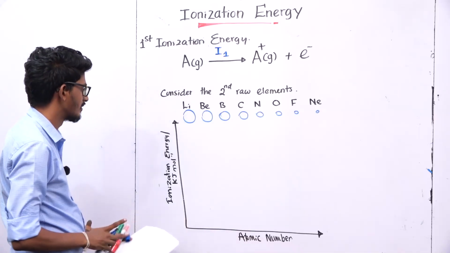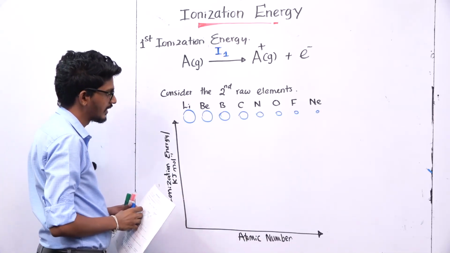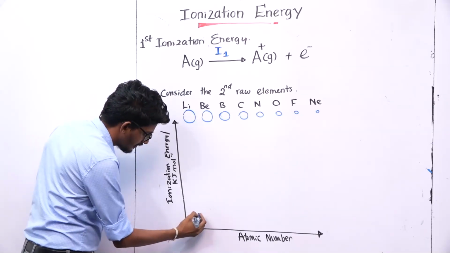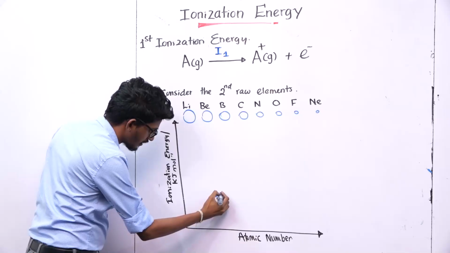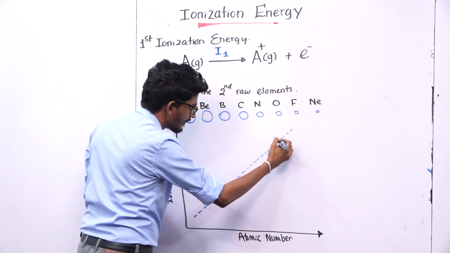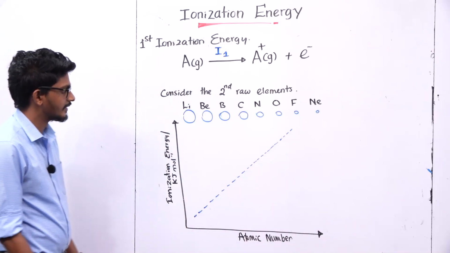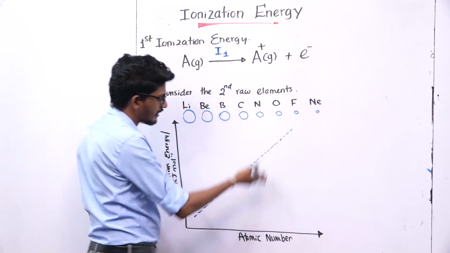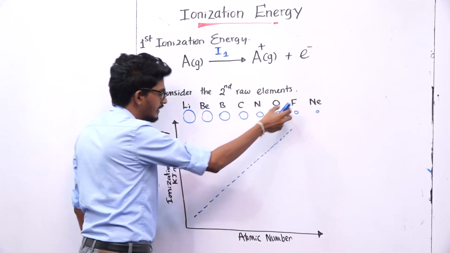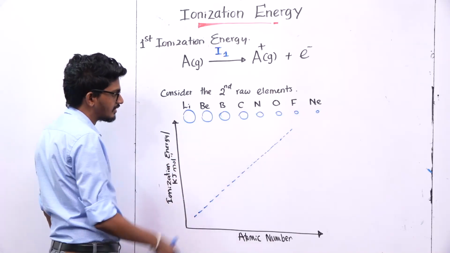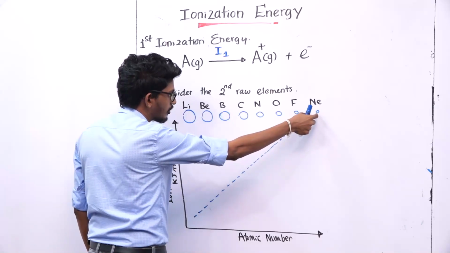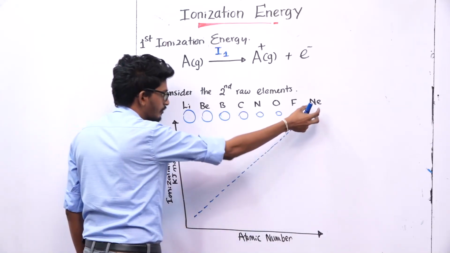So according to atomic radius, we expect this kind of variation. That means the ionization energy should increase going towards the right, because as the atomic radius gradually decreases, you need much greater energy to eject an electron, since the loosely bound electron is strongly attracted to the nucleus when the atom is very small.